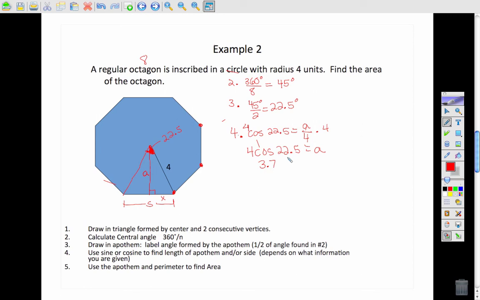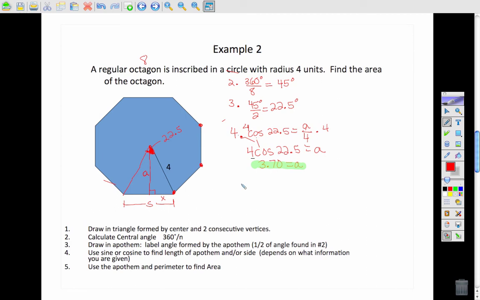We'll just round to the nearest hundredth, 3.70 equals A. Okay, so there's our apothem. We'll need that in just a little bit. Let's go ahead and mark it. We're going to come back to that.